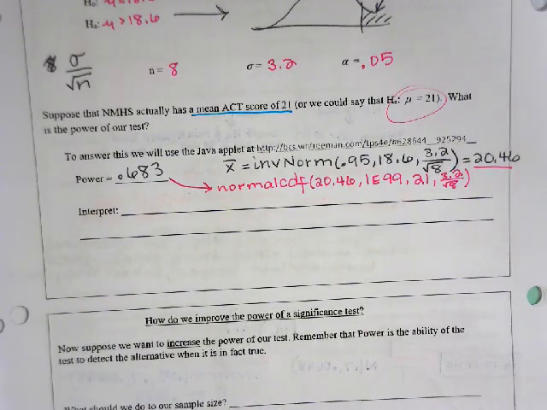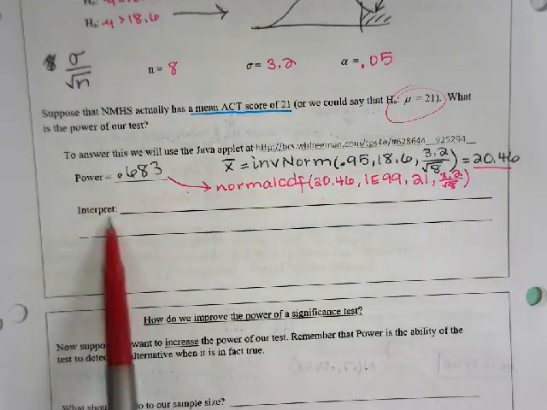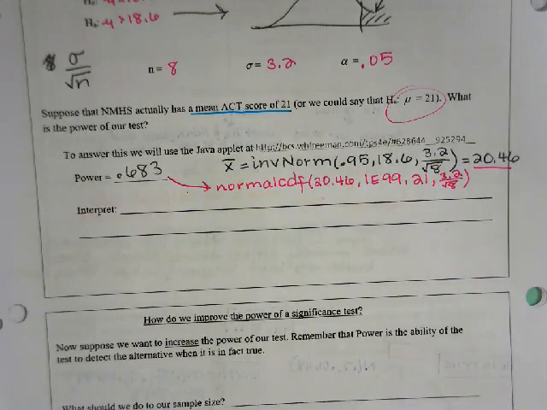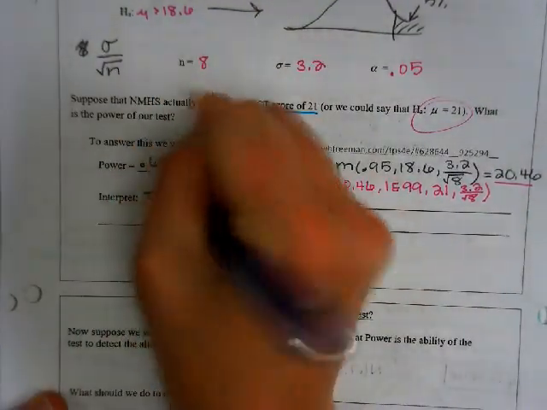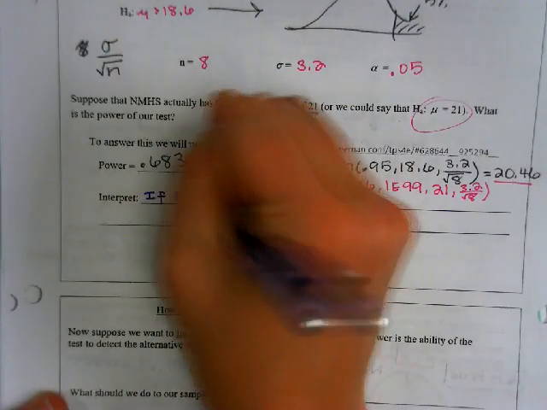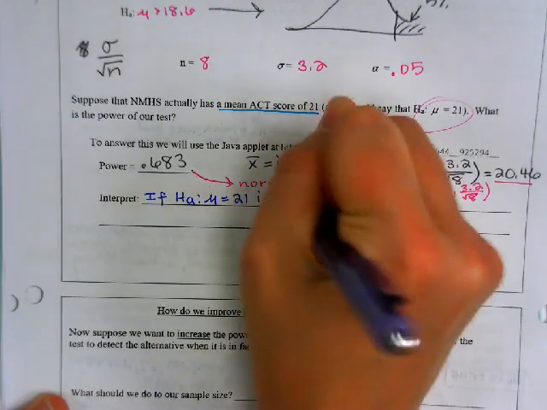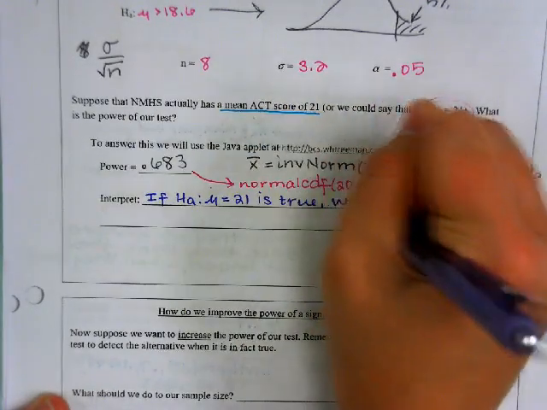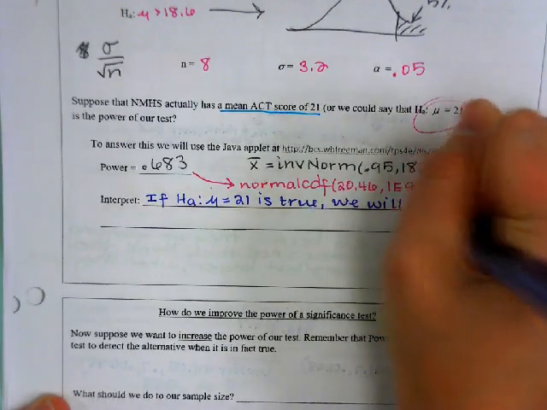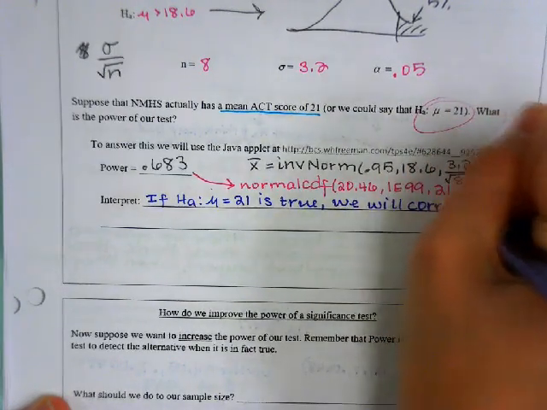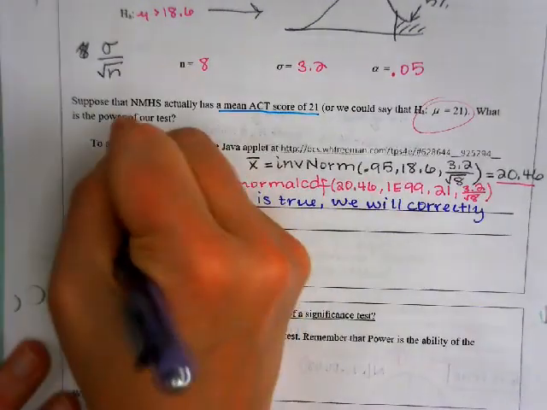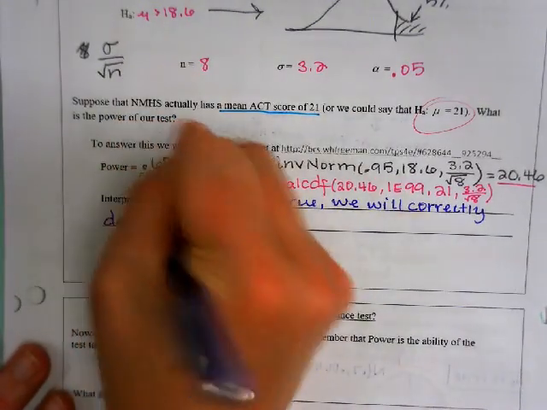So if the alternative hypothesis that mu equals 21 is true, we will correctly detect HA or reject H null 68.3% of the time.